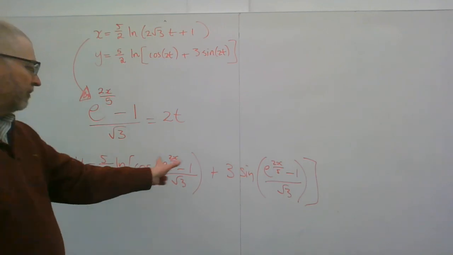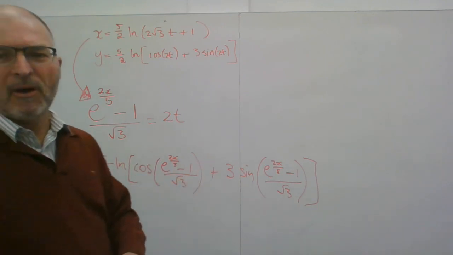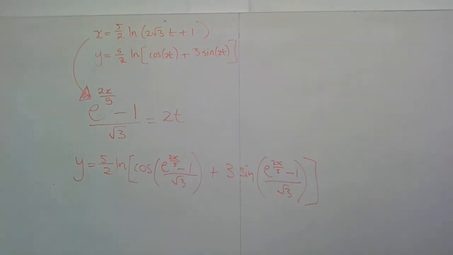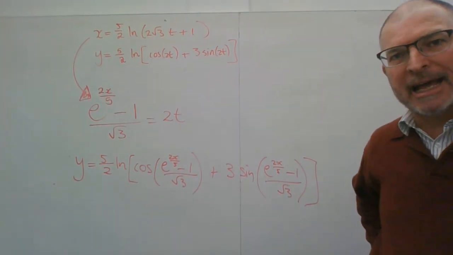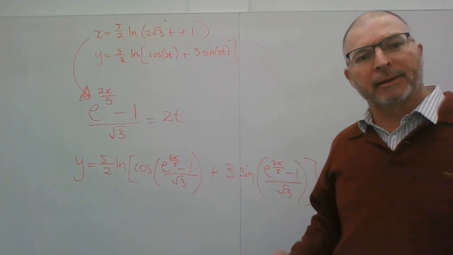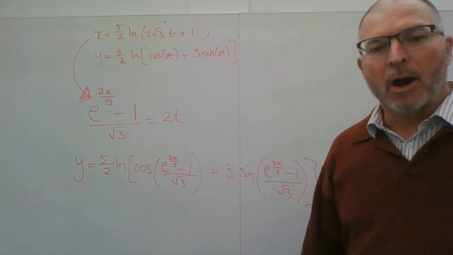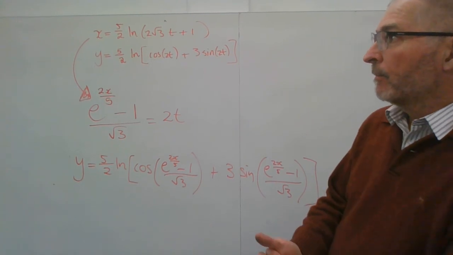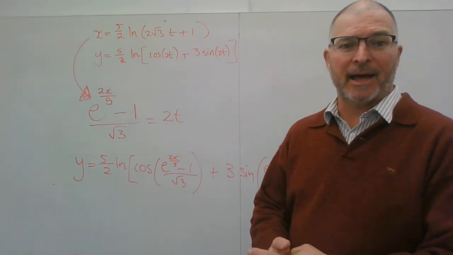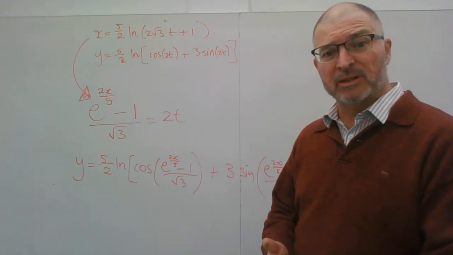So natural log of that times 5 on 2, and that's going to be my Cartesian equation. And if you put that into Desmos and plot it, you'll get the picture of our projectile, which is working under air resistance, which is proportional to the square of the velocity.